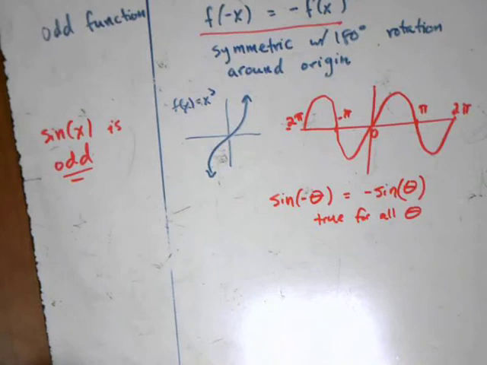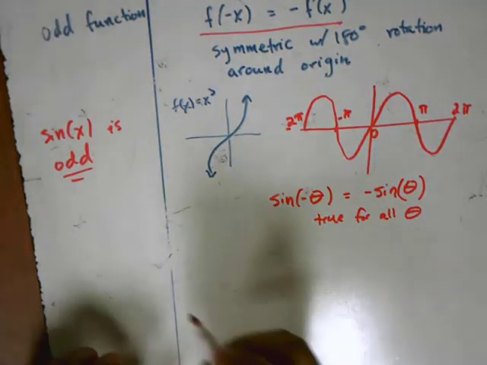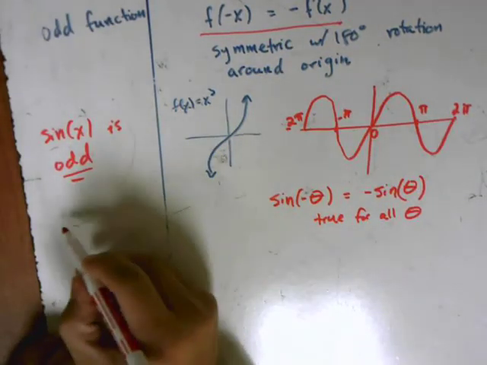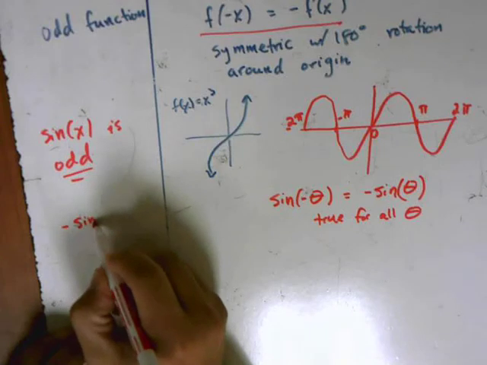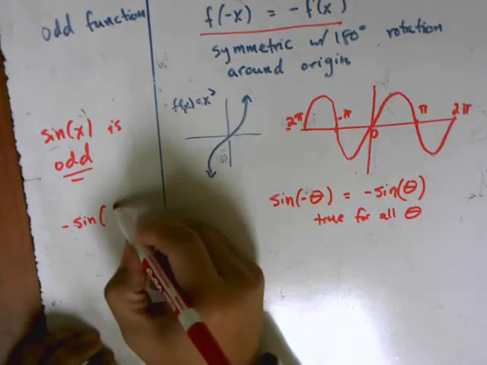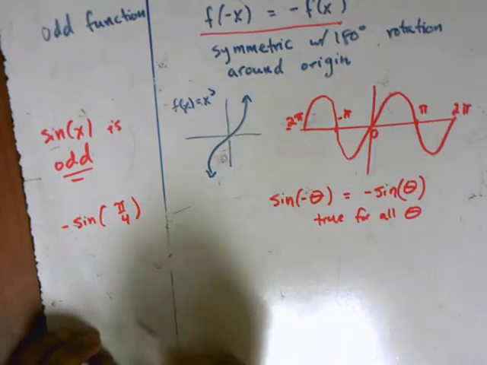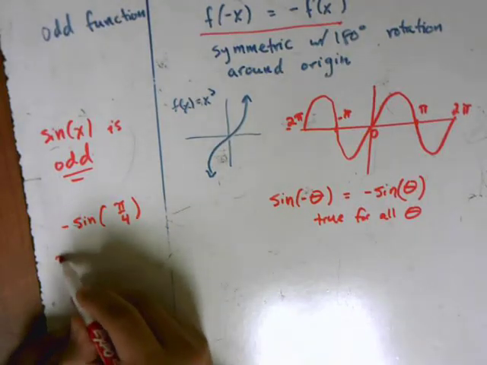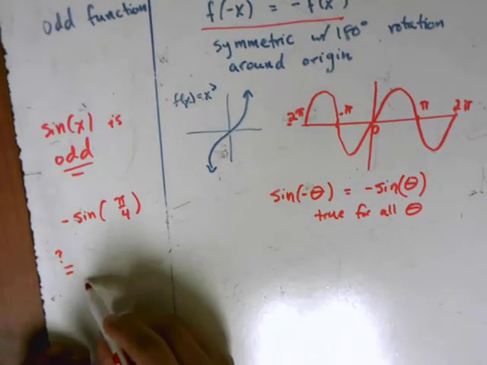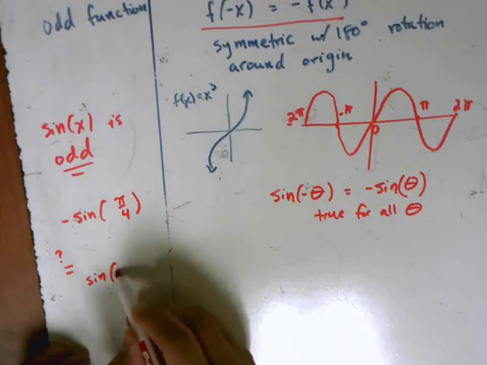And you can test this yourself and check a couple of examples. For example, what if I had negative sine of pi over 4? Is that really equal to sine of negative pi over 4?